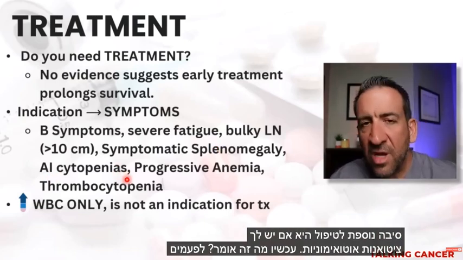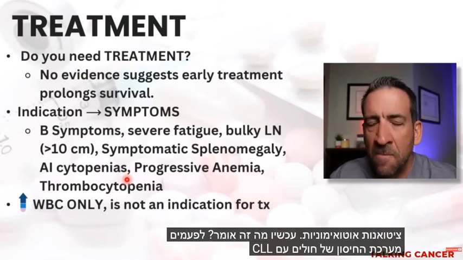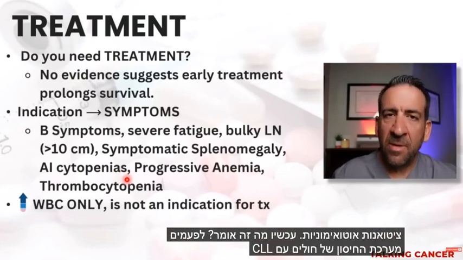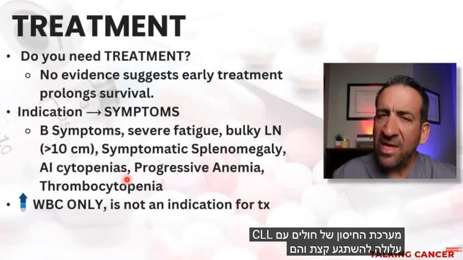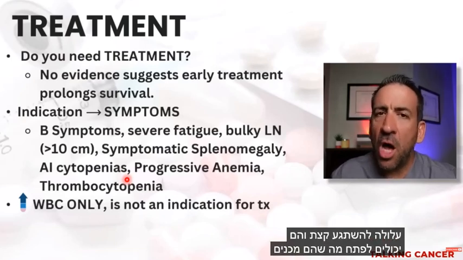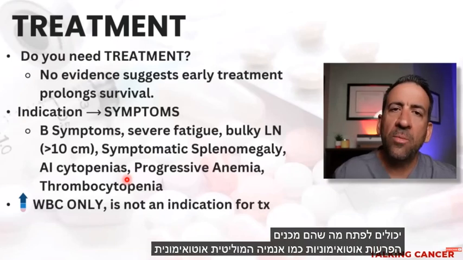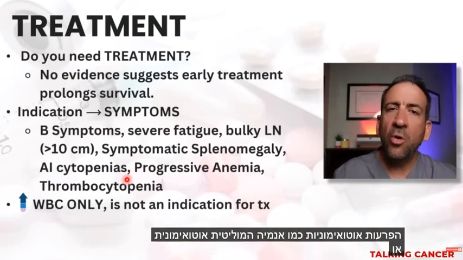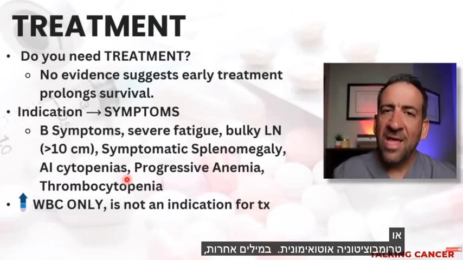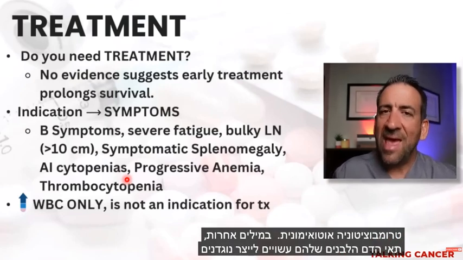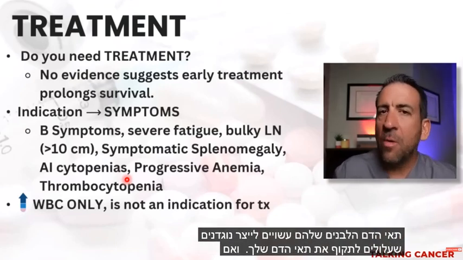Now what this means, sometimes patients with CLL, their immune system may become a little bit crazy and they can develop what they call autoimmune disorders, like an autoimmune hemolytic anemia or an autoimmune thrombocytopenia. In other words, their white blood cells may make antibodies that attack your blood cells.